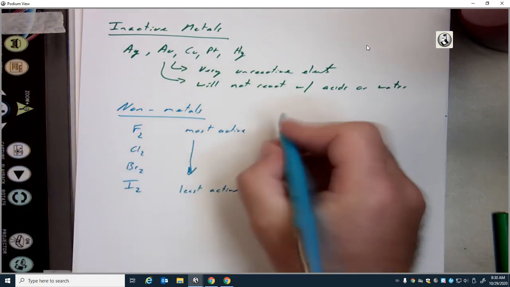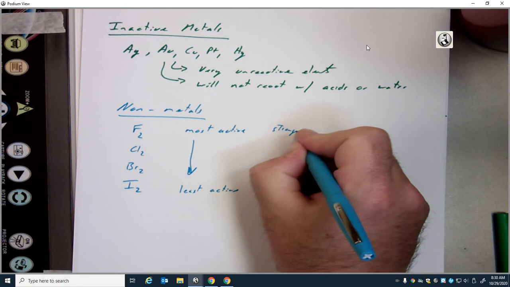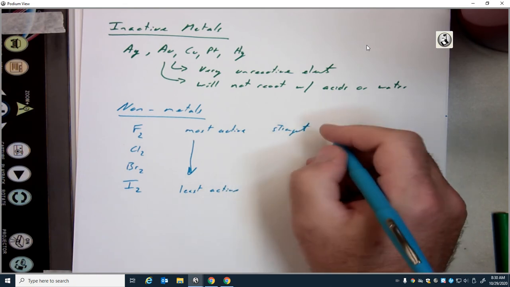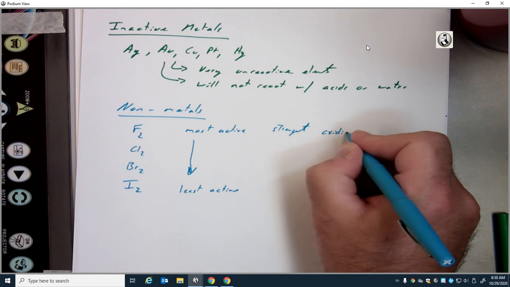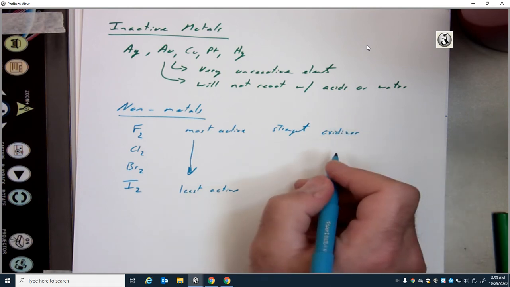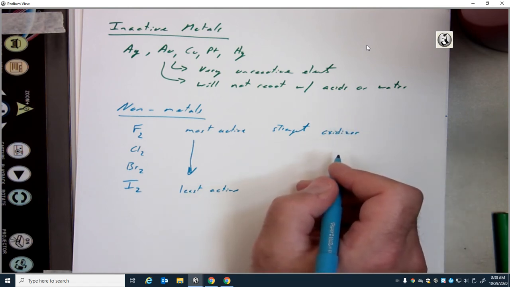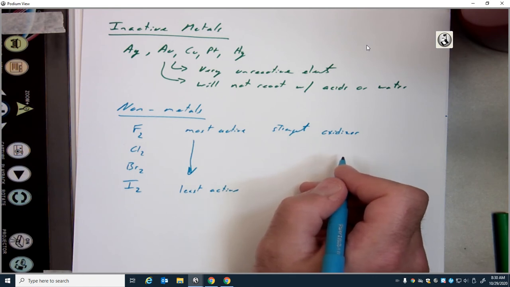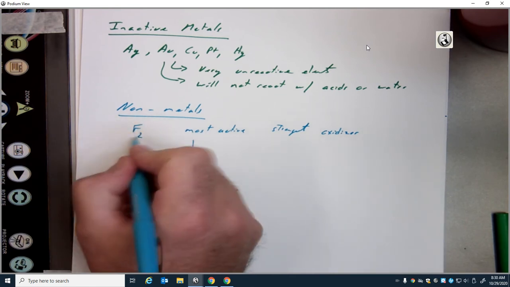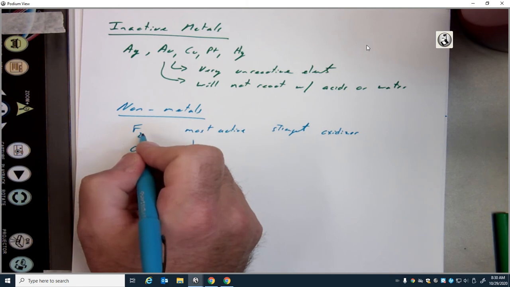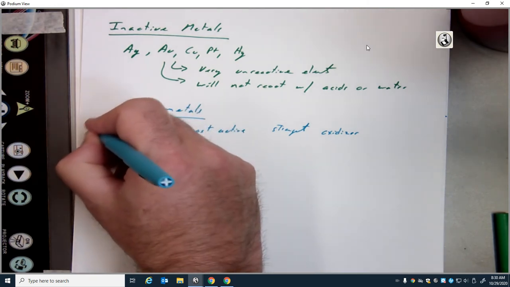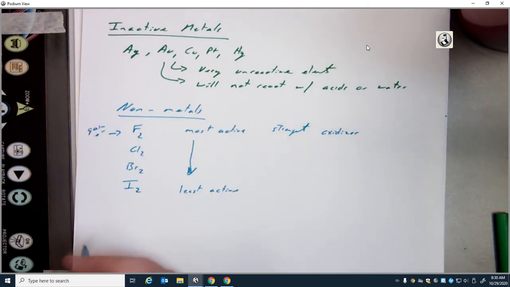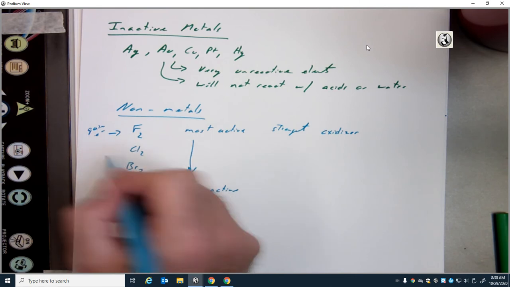So this is the strongest oxidizer. Okay, so fluorine wants to gain electrons. It wants electrons like crazy. So does iodine, but fluorine wants them the most.